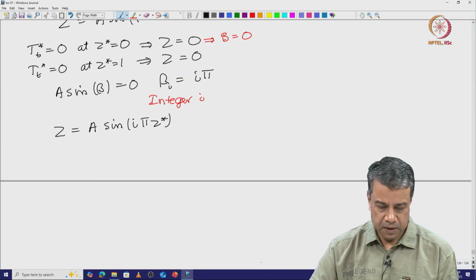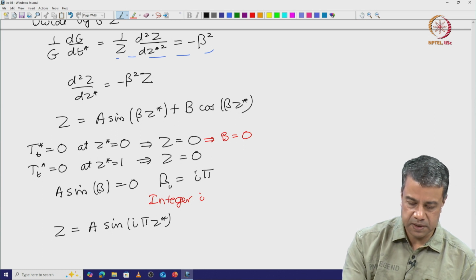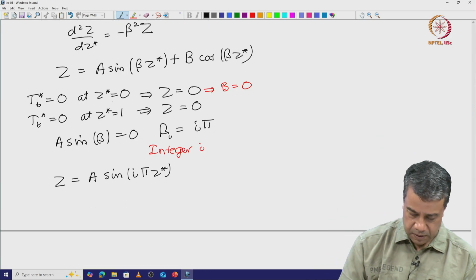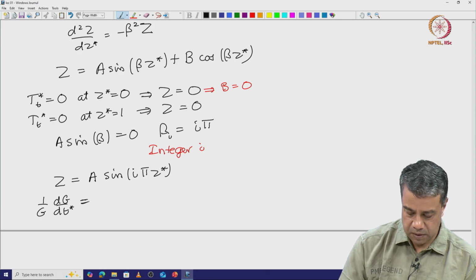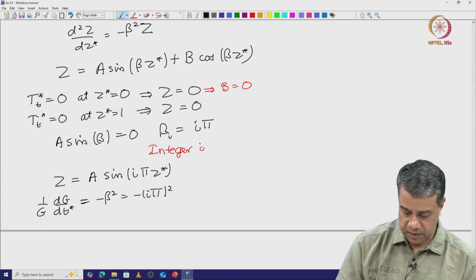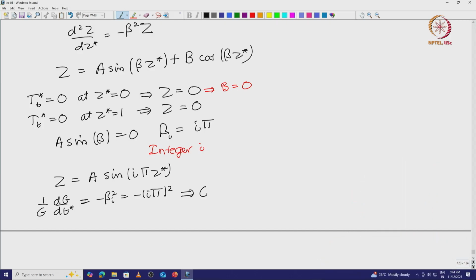So, I have solved the first part of this equation, 1 by Z d square Z by dz star square is equal to minus beta square. The second part of the equation is 1 by G dG by dt star equal to minus beta square, which is minus of I pi the whole square. This implies that G is equal to e power minus I pi the whole square t star.